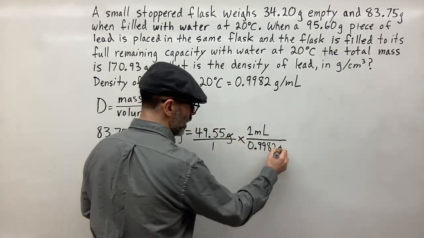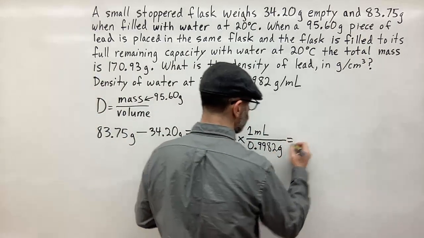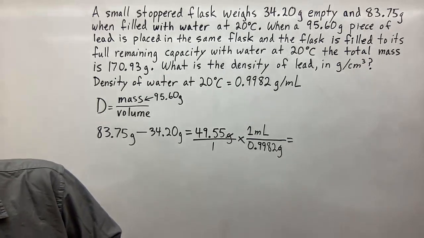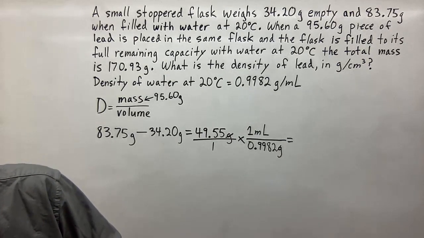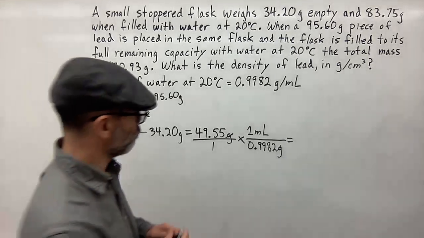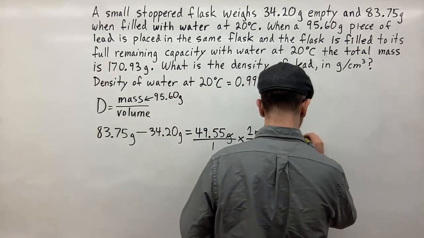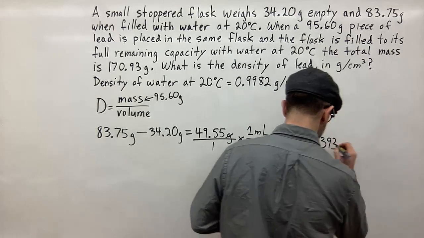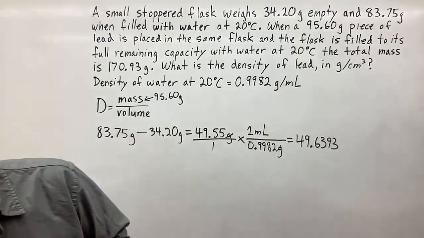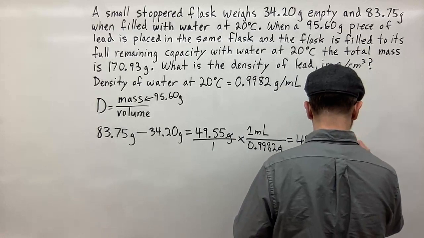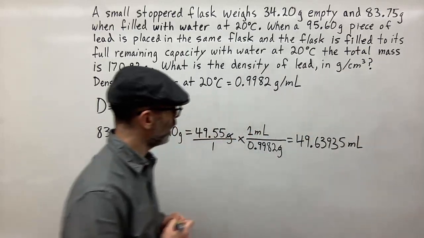So grams cancels out. We have milliliters. Now all we need to do is calculate. And when we calculate that, we get 49.6393. I think I have another digit. 5. So 49.63935 milliliters of water.